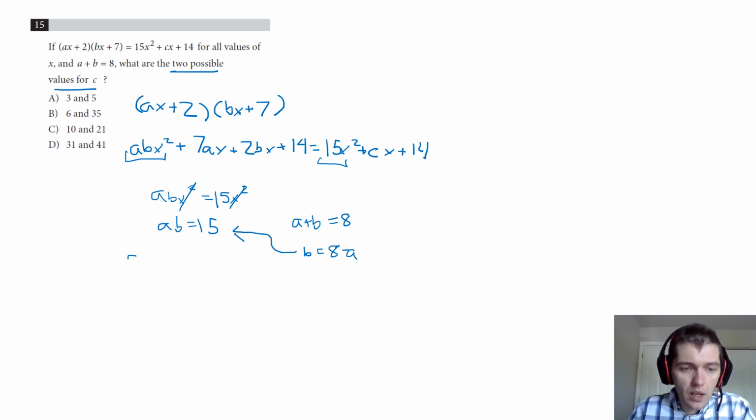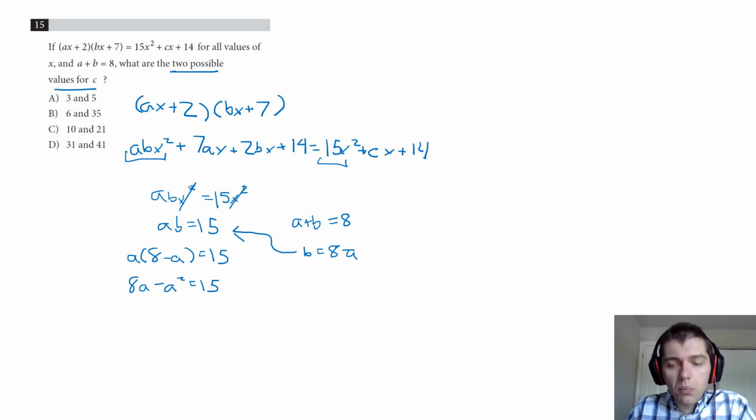This will give you A times 8 minus A is equal to 15. Multiply that through, you have 8A minus A squared is equal to 15. Put these all on one side of the equation to make it equal to 0.